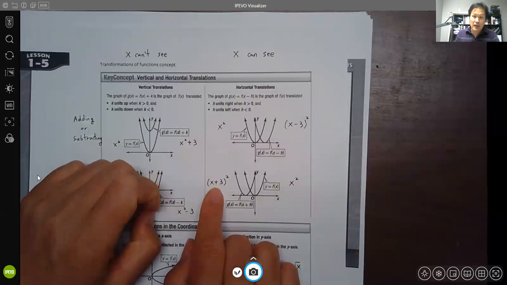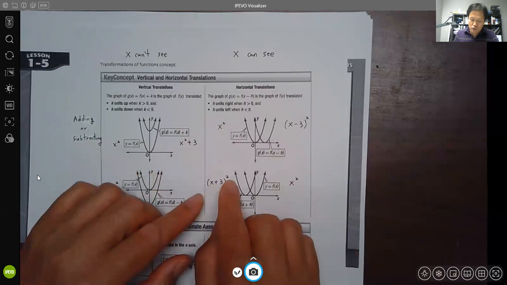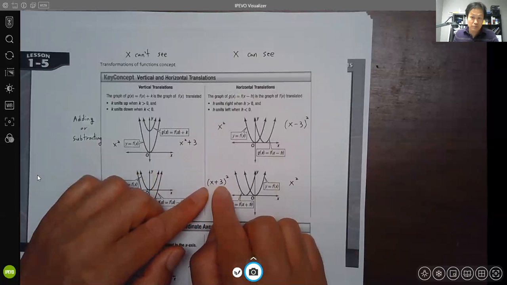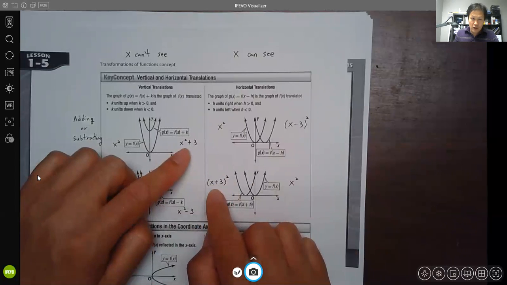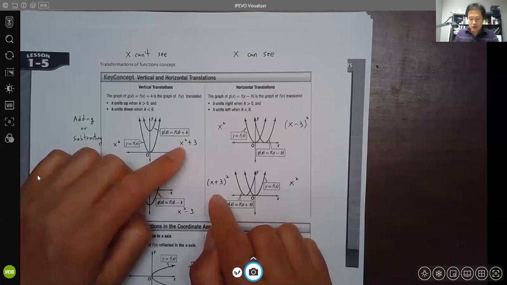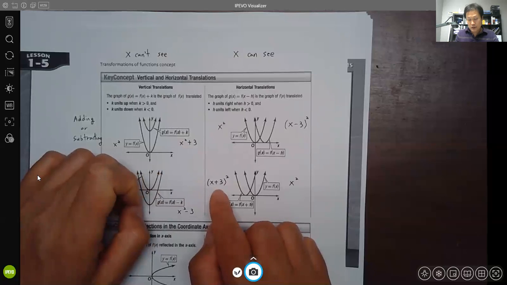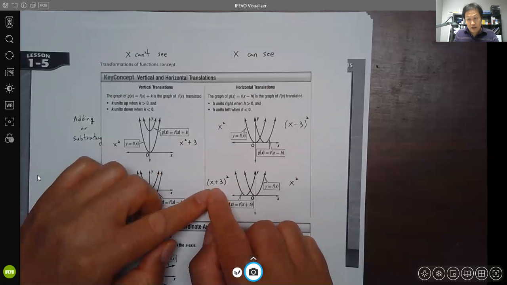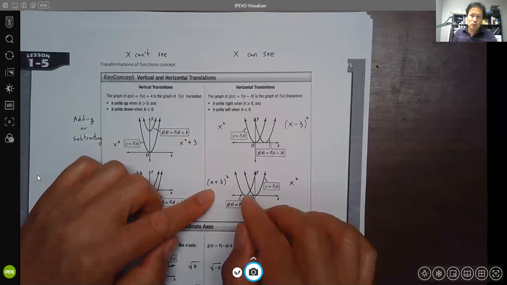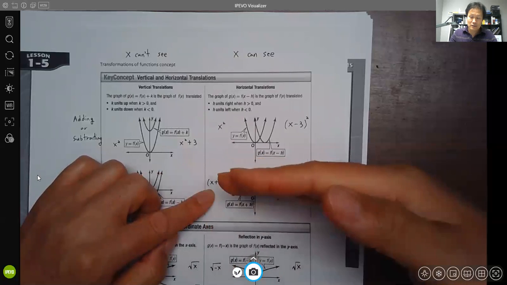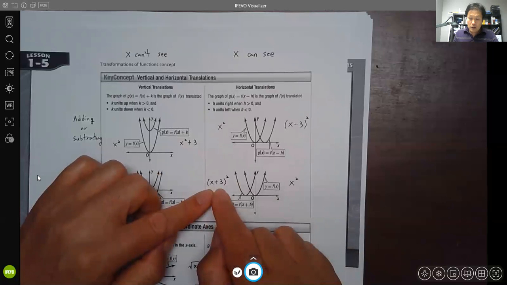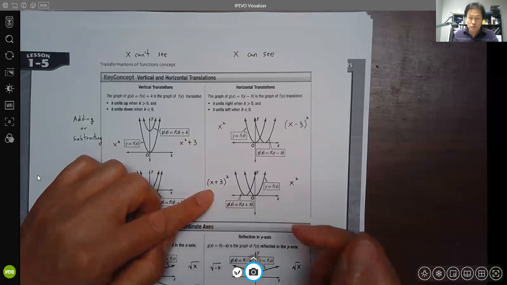This, yes, x can see 3 because they are inside the parentheses together. X can see plus 3 there. So you need to be able to tell, okay, that's what he means by x cannot see 3. Yes, x can see 3. So if x can see plus 3, that has to do with x. You remember, the x-axis is the horizontal axis. So what does that mean? We are going to move either to the right or to the left.